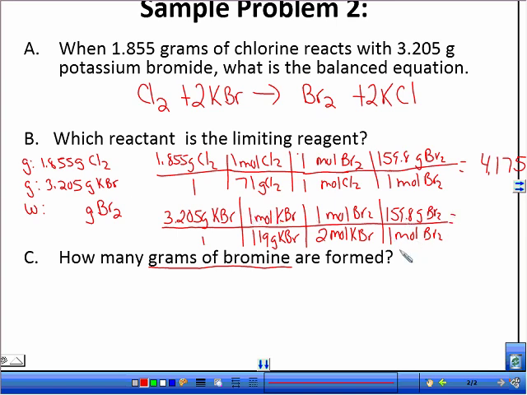If I multiply and divide this, you get 2.152 grams of Br2. Alright, which one's bigger? This one up here. That can't happen. Just going to mark through it.